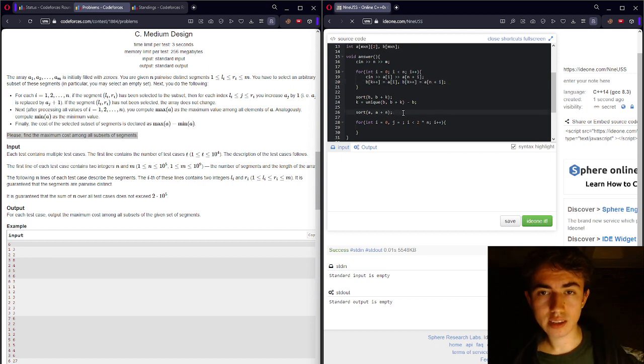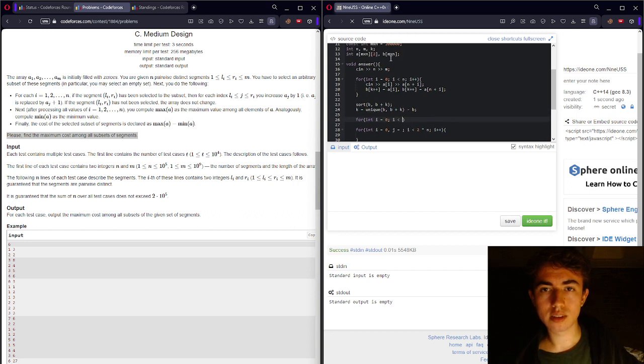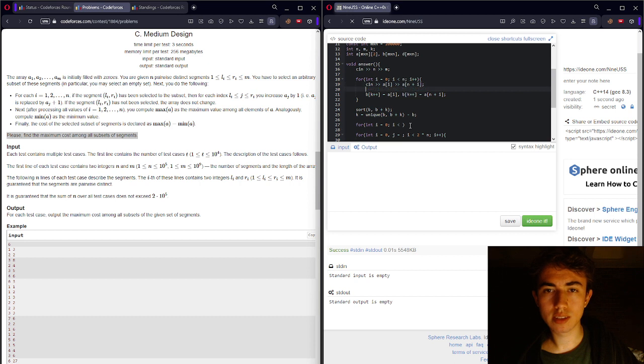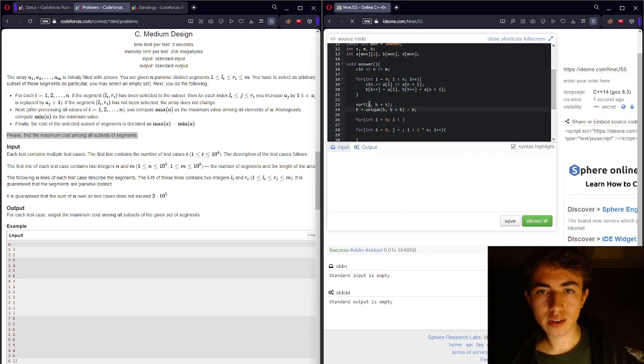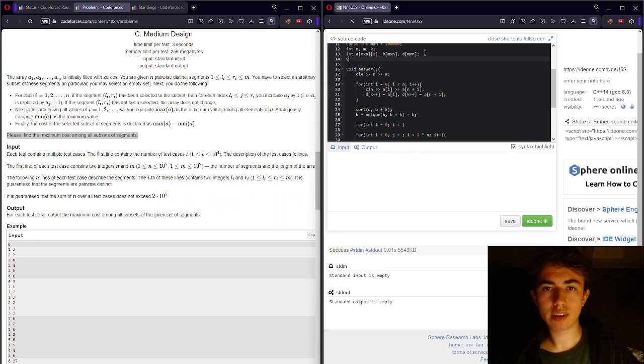I might dislike that soon, but whatever. We're going to make this array D, which is just for coordinate compression. And we're going to have a vector which holds the indices at each point.